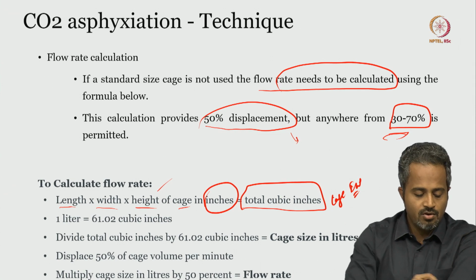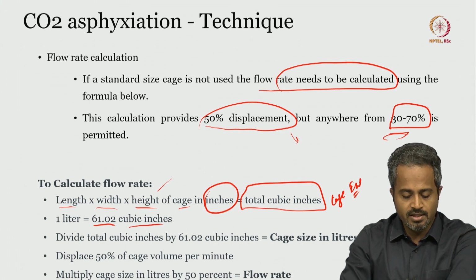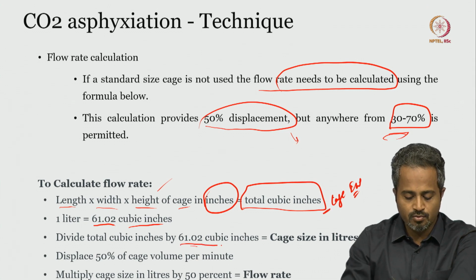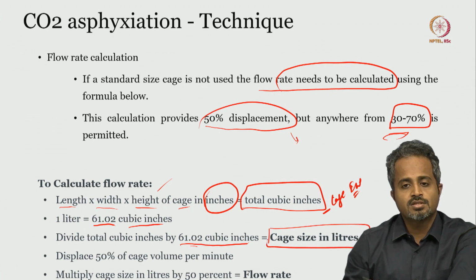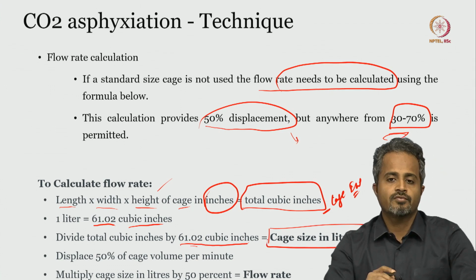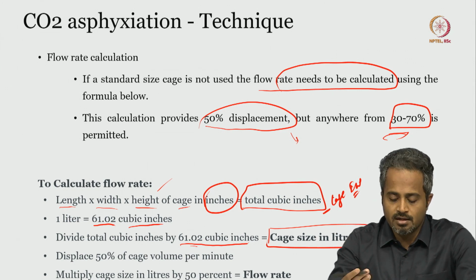Then you have a conversion of 1 liter equals 61.02 cubic inches. By dividing the total cubic inches of the euthanasia chamber by 61 cubic inches, you will get cage size in liters. It is a simple conversion of cubic inches into liters.